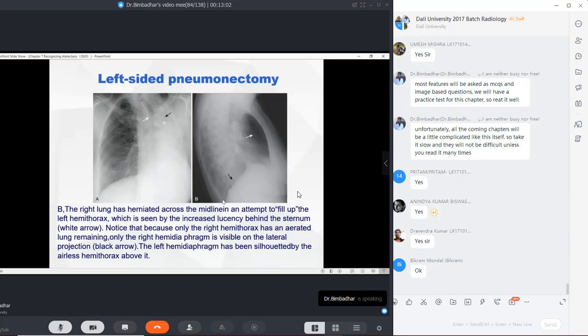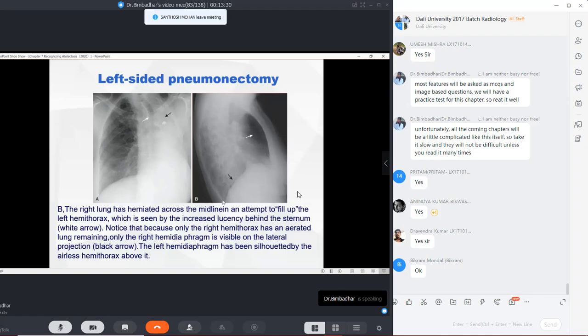So a single diaphragmatic line will be shown in left-sided pneumonectomy patients. Single diaphragmatic shadow on a lateral projection, or let us say absent diaphragmatic line, will be happening in left-sided pneumonectomy patients.